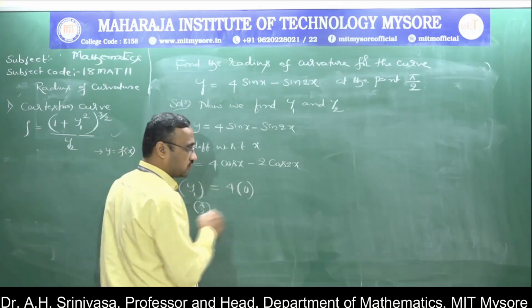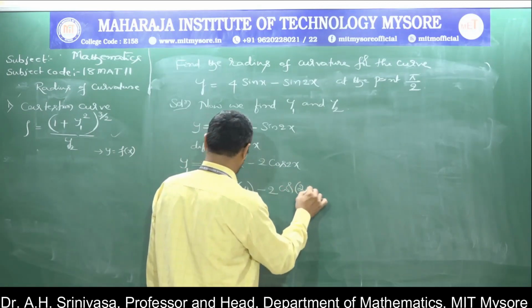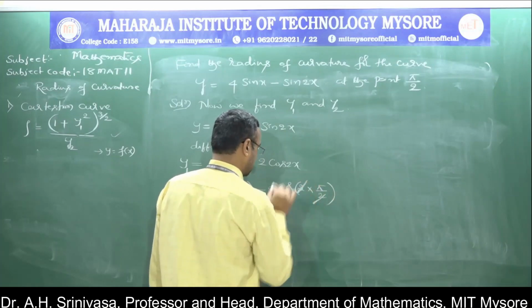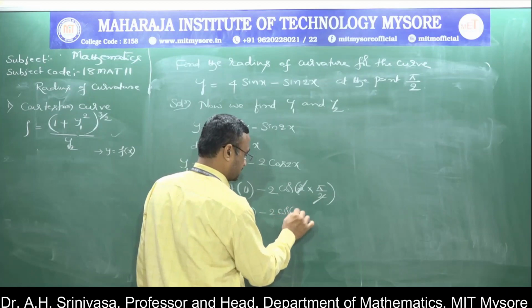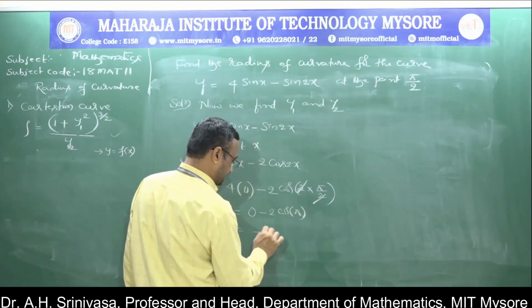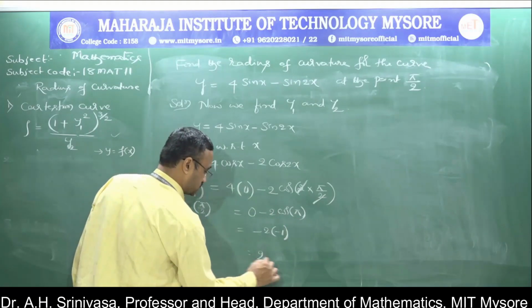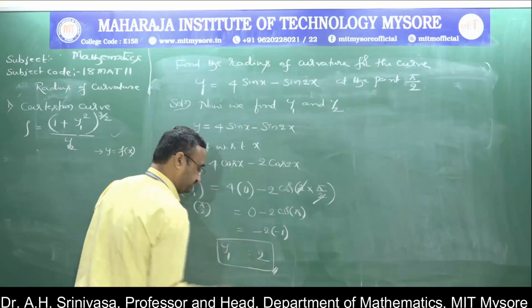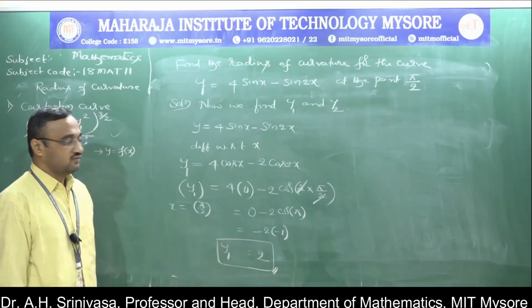Cos 90 is 0, minus 2 times cos 2 into pi by 2. Cancel this out: 0 minus 2 times cos pi. What is the value of cos pi? It is minus 1. So we get y1 equal to 2. Now I have the value of y1.